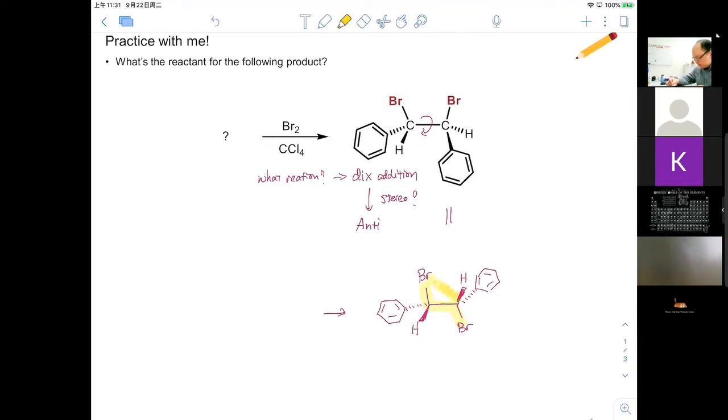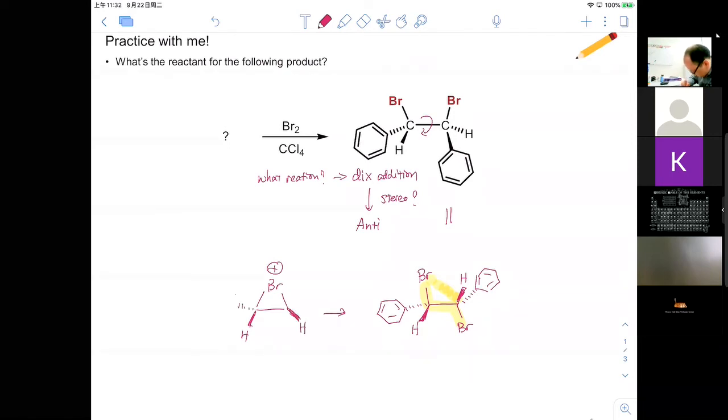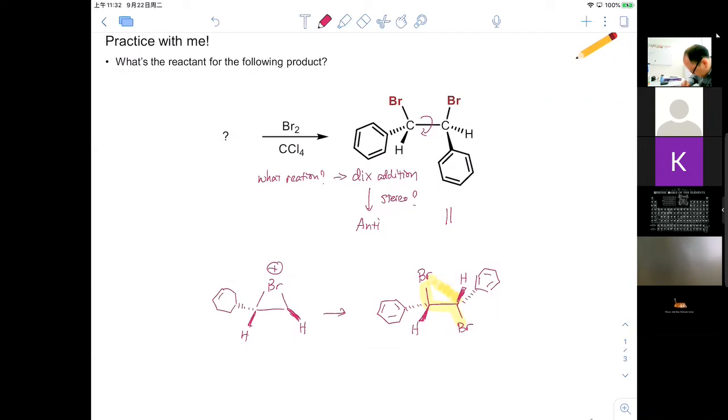So this product comes from a bromonium ion that can be drawn like here, with Br plus, and the hydrogen in the front, this hydrogen also in the front, the phenyl in the back, also phenyl in the back.